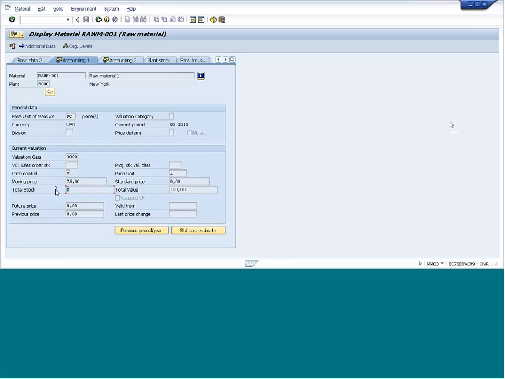So remember, when you issue one quantity without entering any price, it will be issued at $75 because that is the moving average price. Then when you procure another material, let's say at $150, what happens?